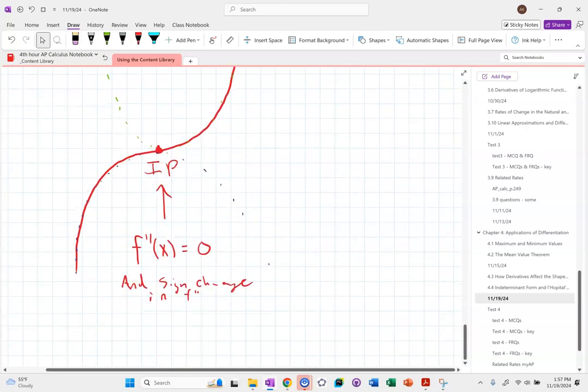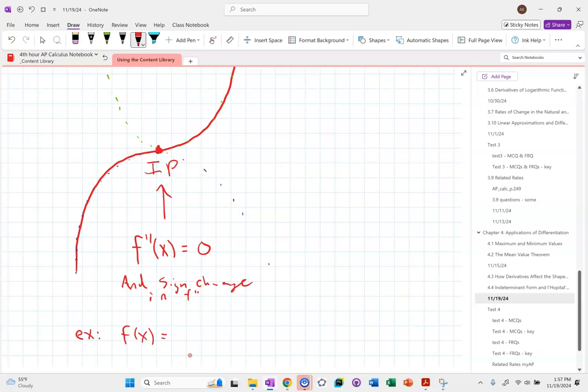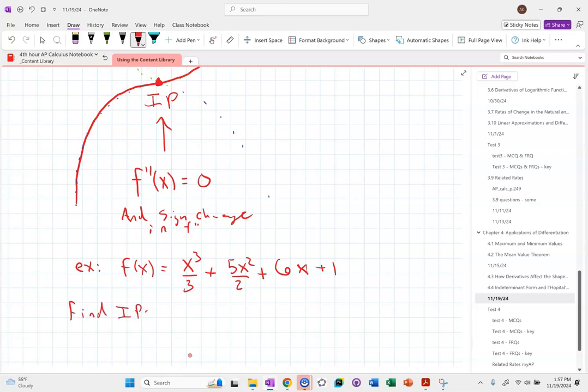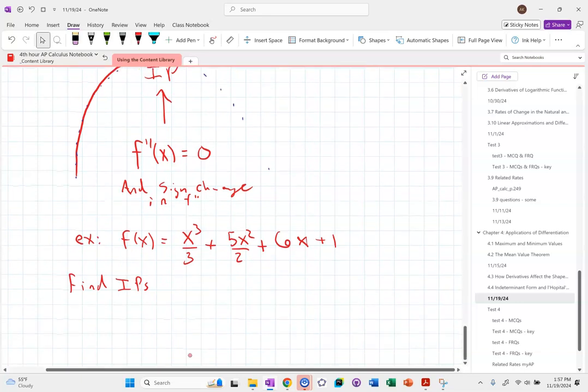In the second derivative. So for example, if f of x is x cubed over 3 plus 5x squared over 2 plus 6x plus 1, and we want to find the inflection points, I'd want to start by finding the first derivative.